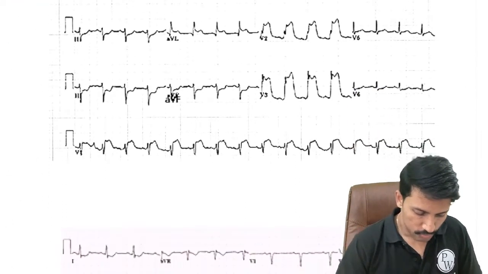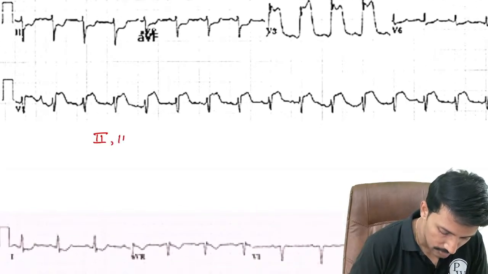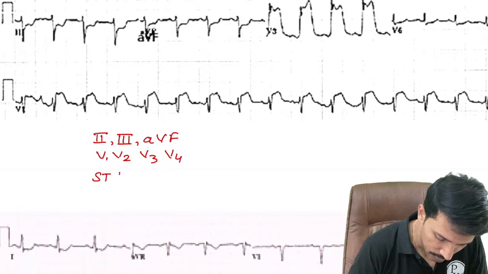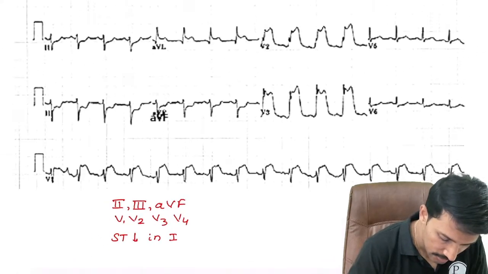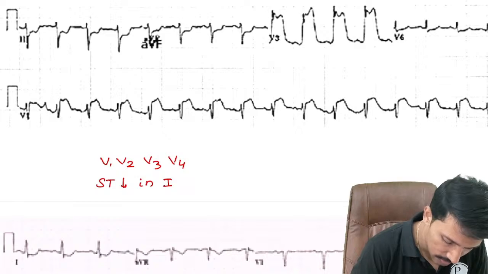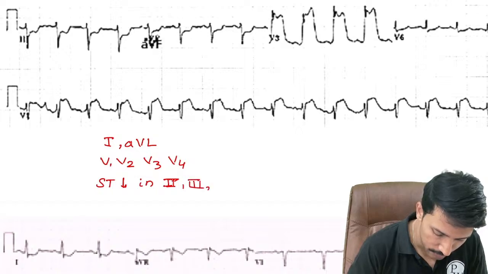So let us put down our observations. We saw ST elevation in 1, AVL, V2, V3, V4, V5 and ST depression in 2, 3, AVF.